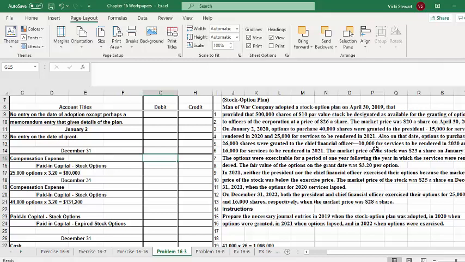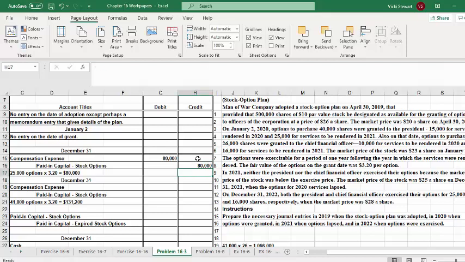Together they received a total of 25,000 options, and the value of the options on the grant date was $3.20. So we would record that compensation expense, 25,000 times $3.20, by debiting compensation expense and crediting paid-in capital stock options for that amount.